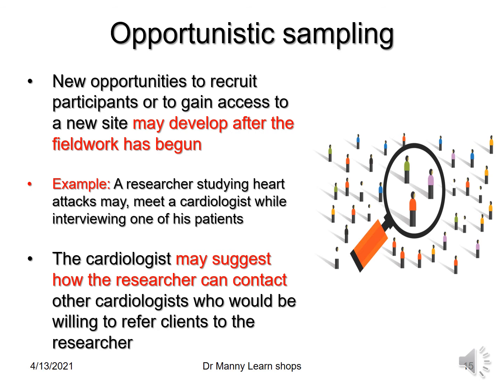And the cardiologist then says, well, gee, I could suggest to you, as the researcher, to contact some of my colleagues, other cardiologists, who would be willing to refer their clients for you to interview so that you can gather more data. So the cardiologist is offering you an opportunity to get more data from other cardiologists. Opportunistic sampling.